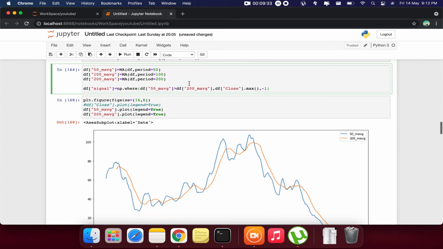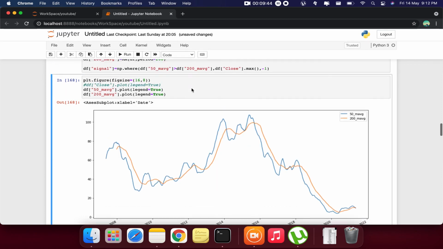So if this condition is true, then the value will be the maximum close price, else it will be -1, okay. Now let's plot this signal as well.